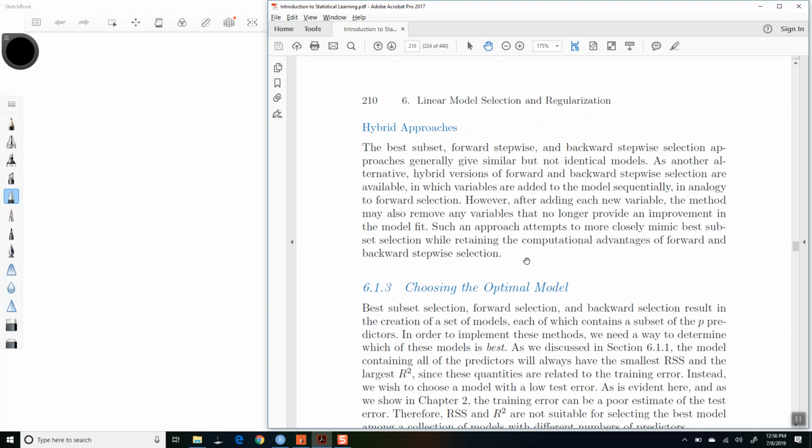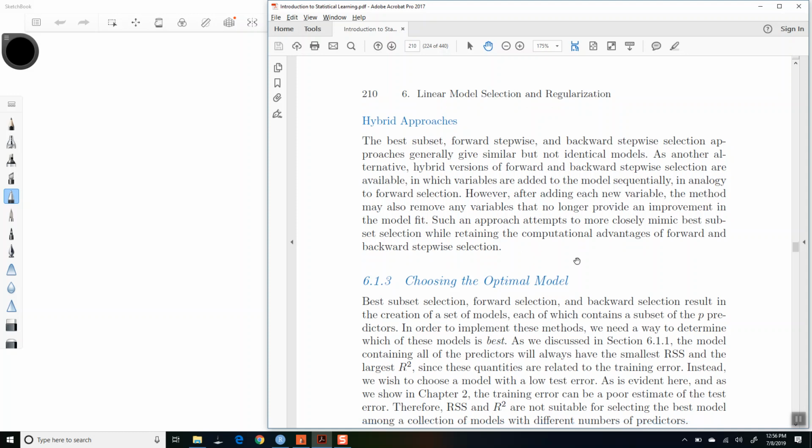Once you've got those two locked in, you add a third, and then you can try removing some. I don't know. It seems like just a more complicated way of checking all 2 to the p models. So this doesn't give a specific approach. Okay.